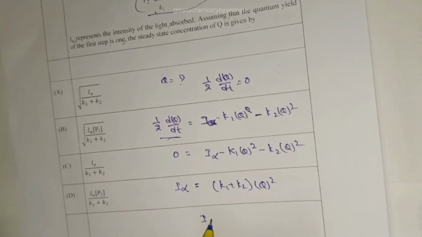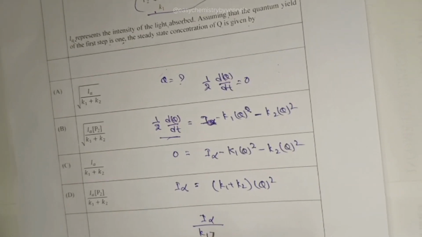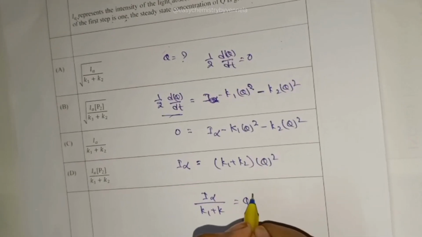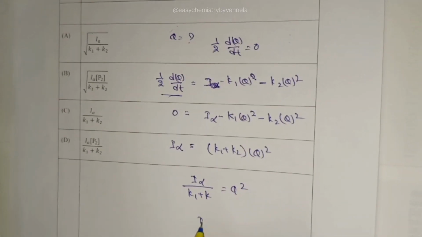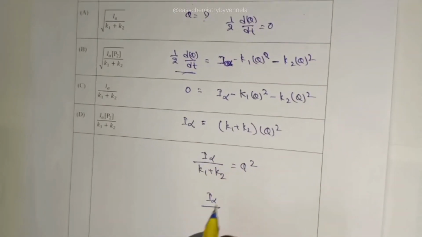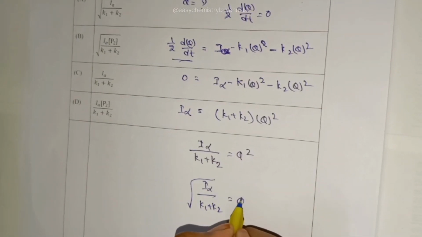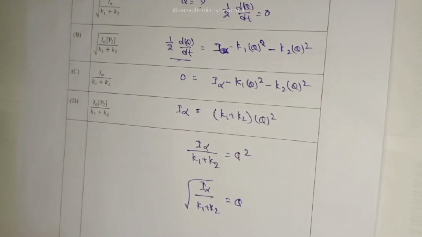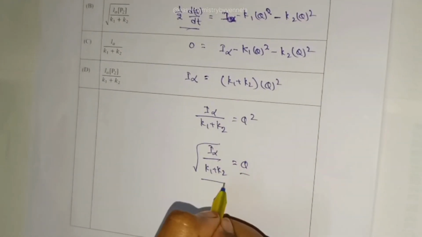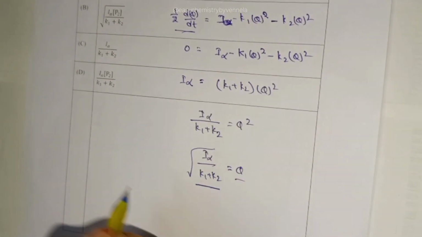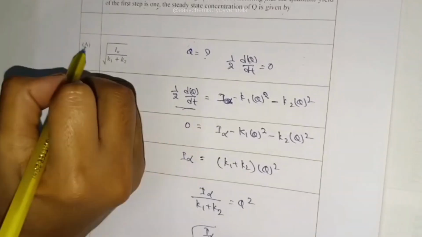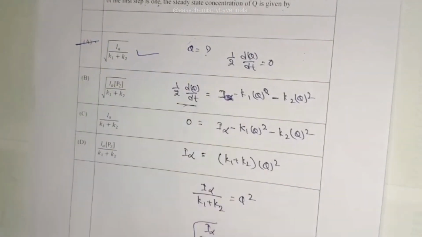So I alpha by K1 plus K2 is equal to Q square. Q is root of I alpha by K1 plus K2. So correct option is A. This is the correct one.